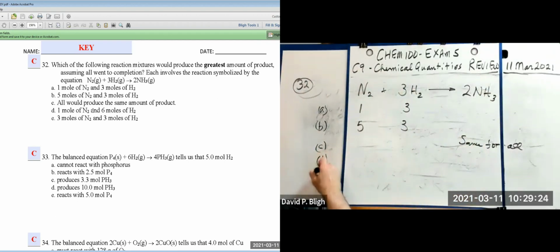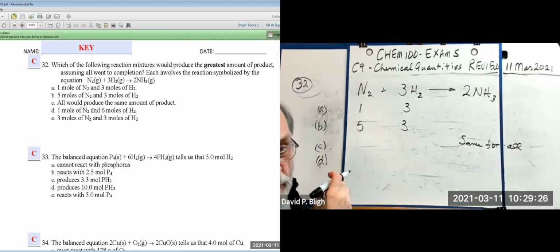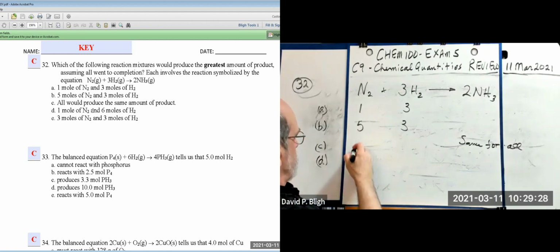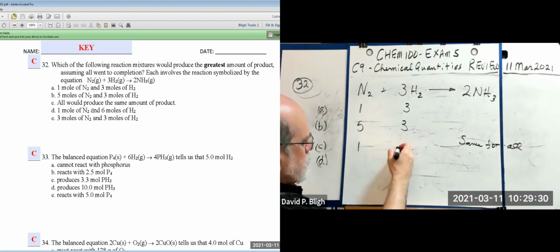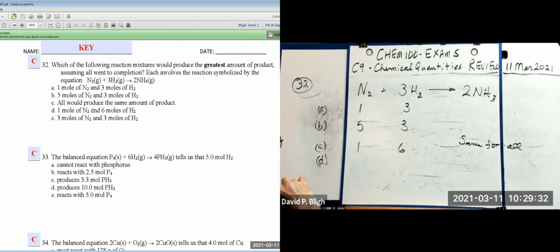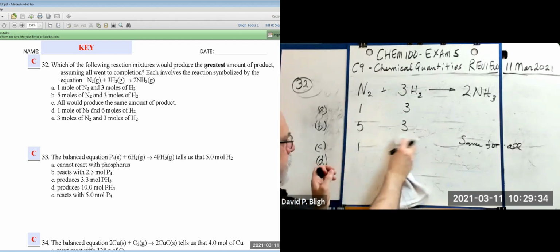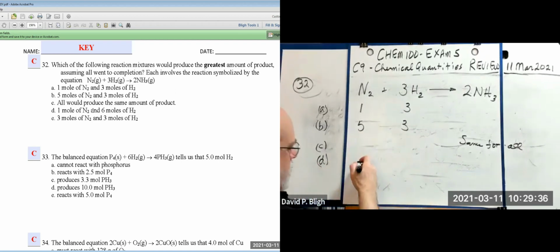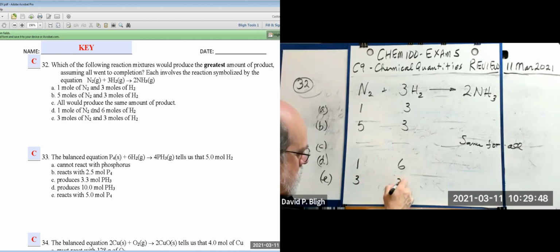D, 1 mole of N2 and 6 moles of H2. 1, 6. And then E, 3 moles of N2 and 3 moles of H2. Okay.